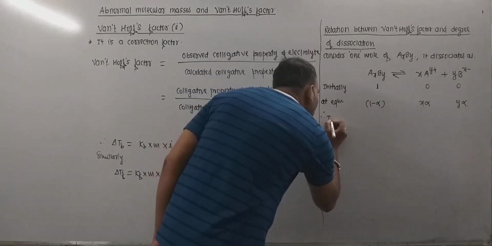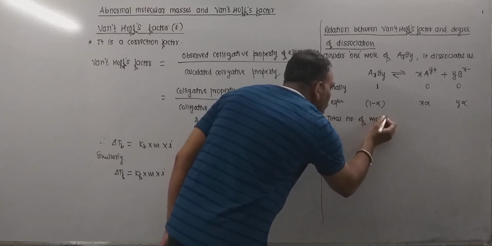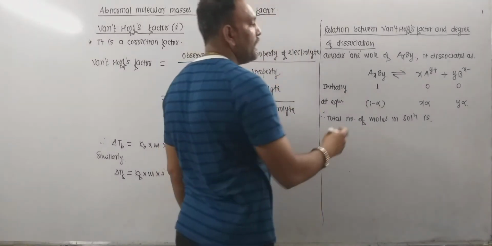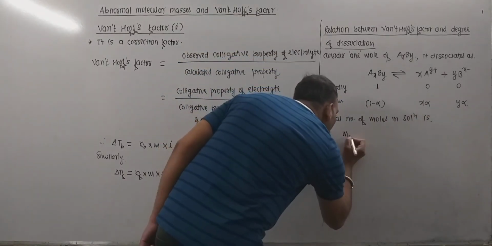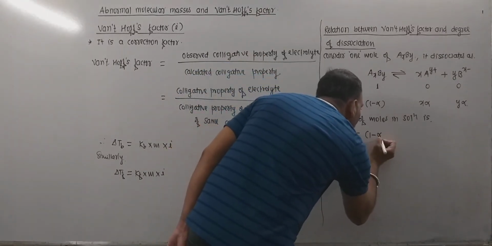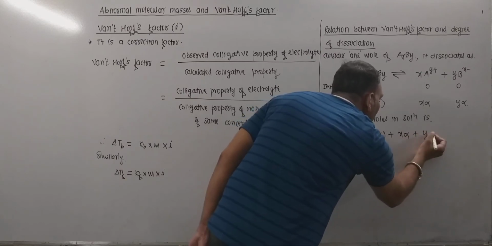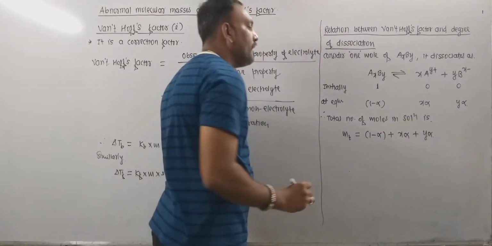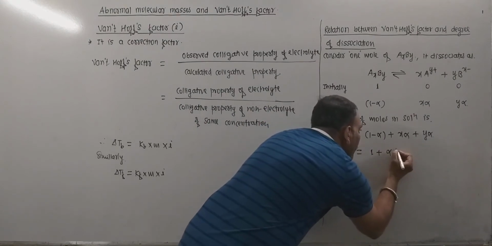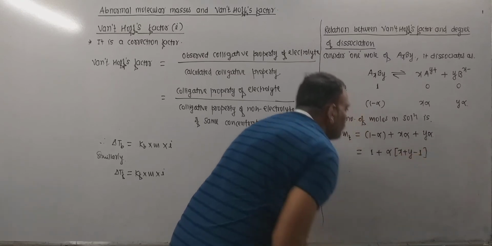Thus the total number of moles in solution is given as the addition of all these ingredients. So total number of moles will be equal to 1 minus alpha plus x alpha plus y alpha. Further this can be given as 1 plus alpha into (x plus y minus 1).